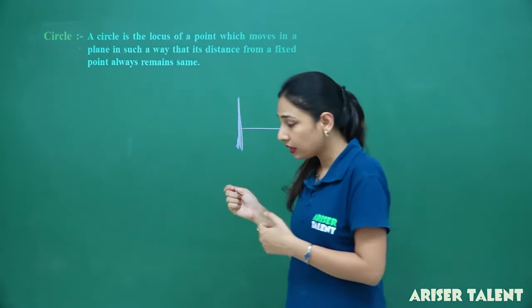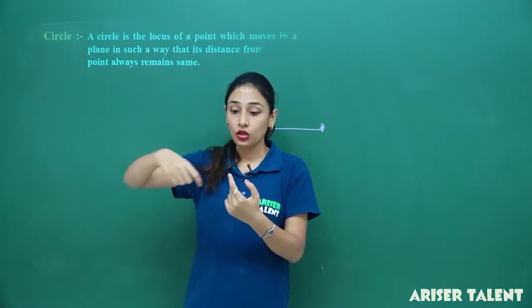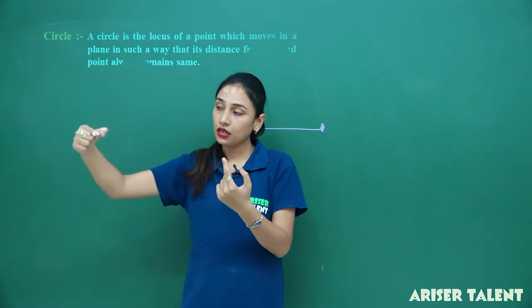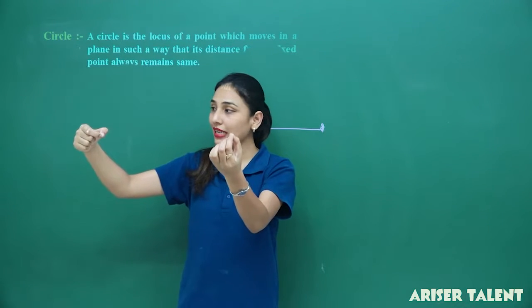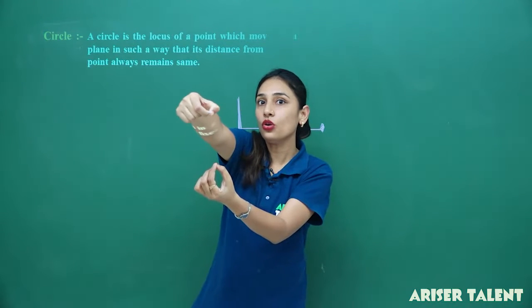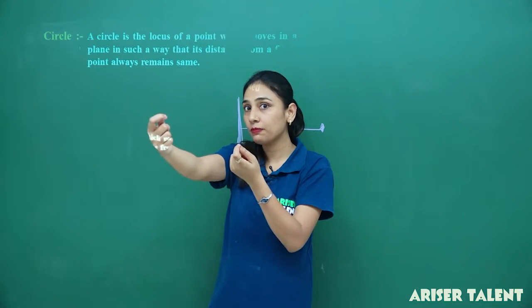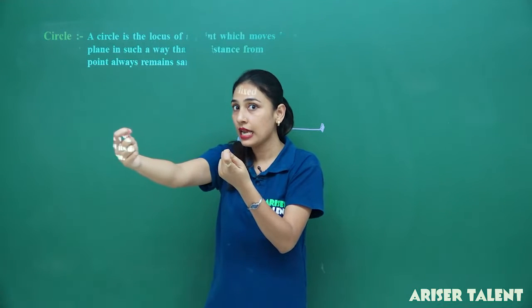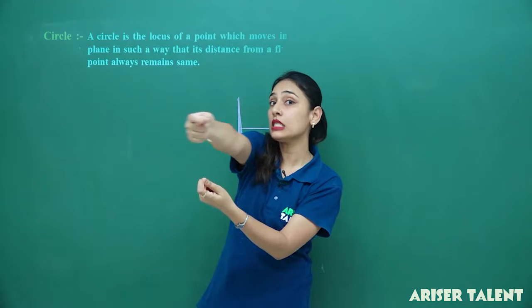I'll be walking around to that particular end of the circle. So how will I move? If this is the point, I'll move like this. If I'm stretching the rope very tightly, the distance will not change, and I'll be moving in this path. So that will be my locus.